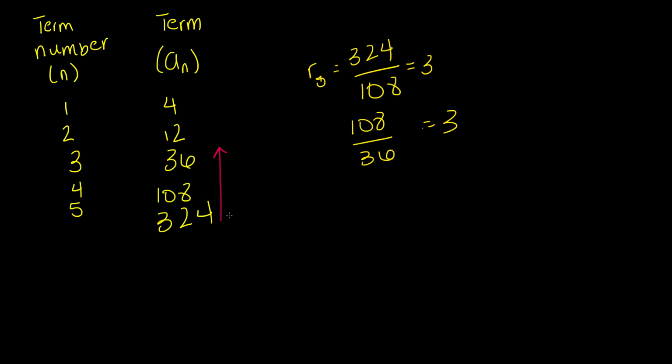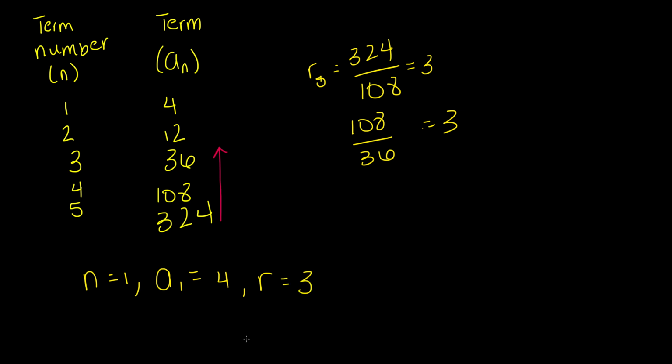And this is the relationship. This is my ratio. The sequence is a geometric sequence since we have a common ratio. When n is equal to 1, a sub 1, which is this value right here, is equal to 4. My common ratio is equal to 3.